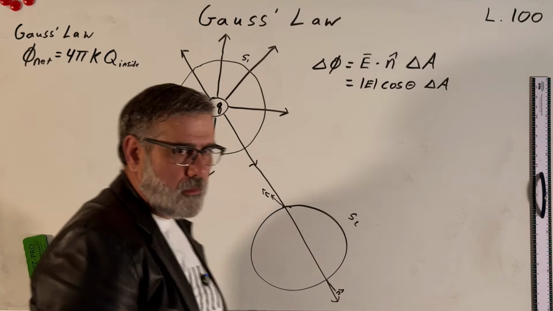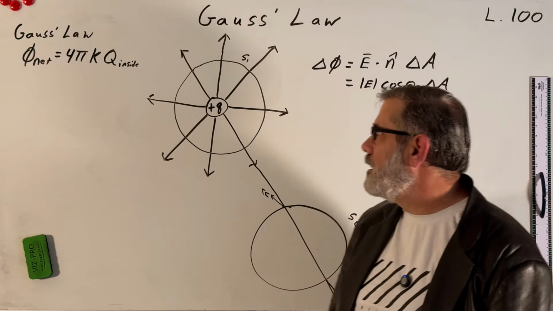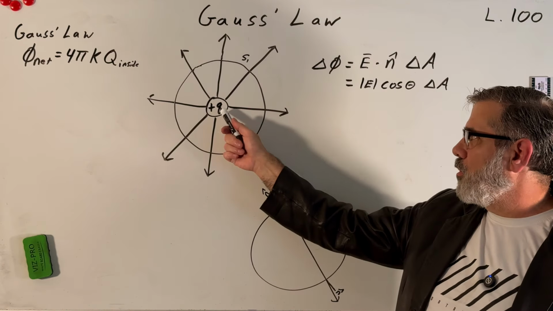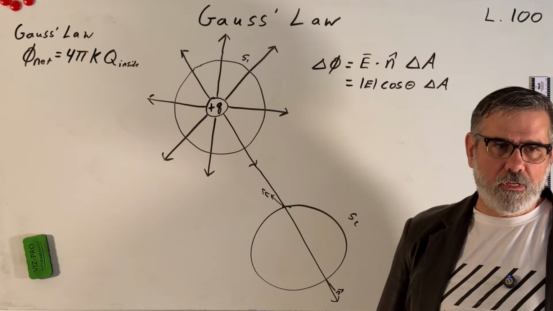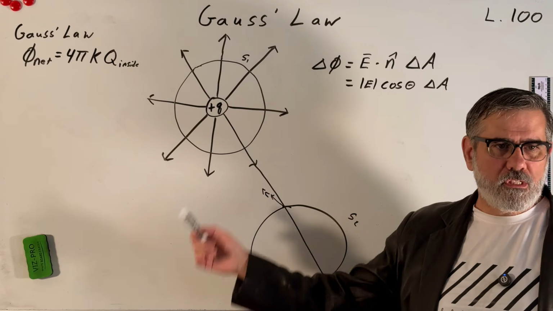So the amount of flux that you get is equal to 4 pi k, where k is Coulomb's constant, times the charge inside. So if there's zero charge inside, what's the net flux?